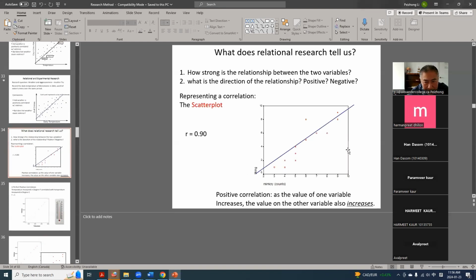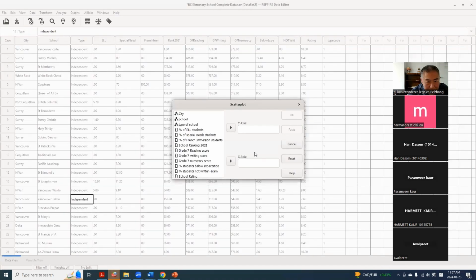Yeah, here's the scatter plot. I'm going to get a scatter plot for reading and writing. For a scatter plot, you have an x-axis and a y-axis. Say x-axis grade 7 reading, y-axis grade 7 writing. Are they highly correlated?